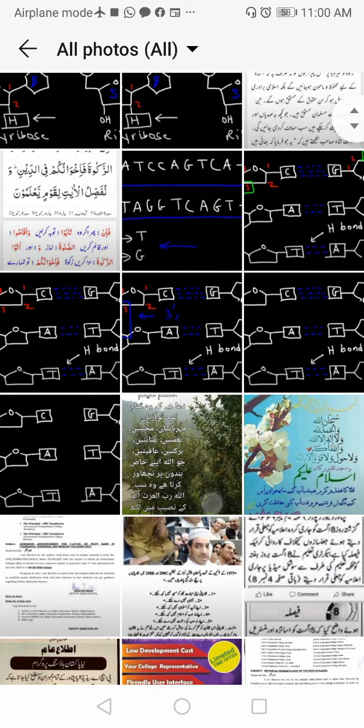Here you can see the simplified structure of the helical structure. What is this? This is the thymine base in one strand. Then the other strand will have adenine, AT or TA.